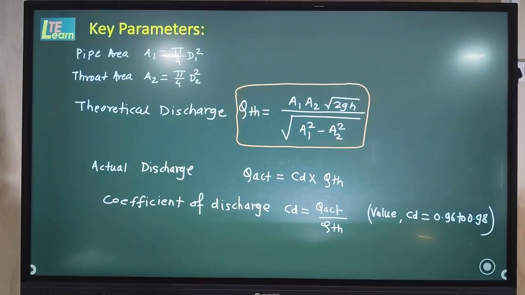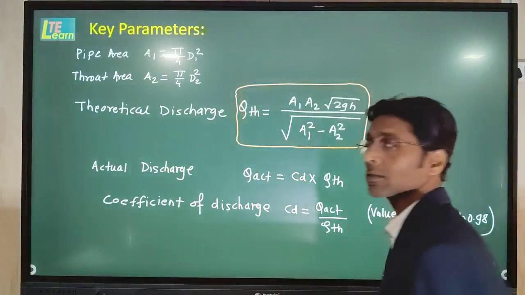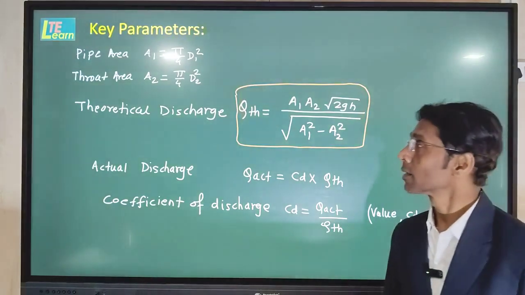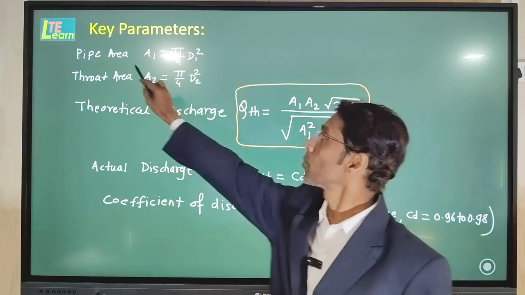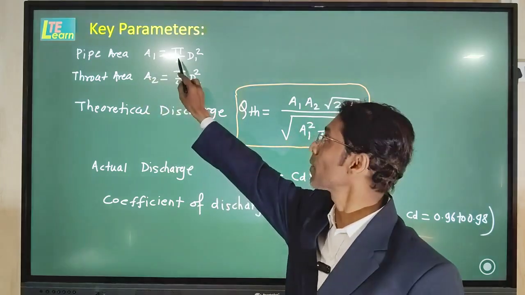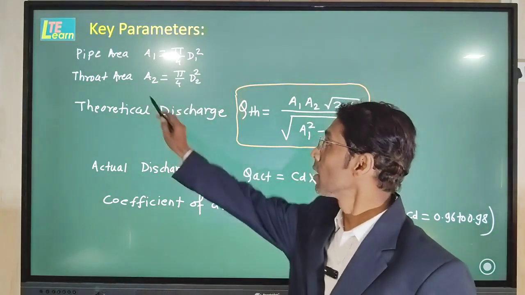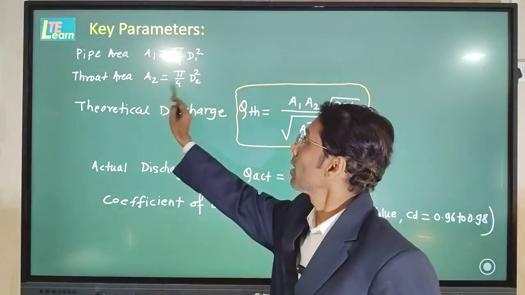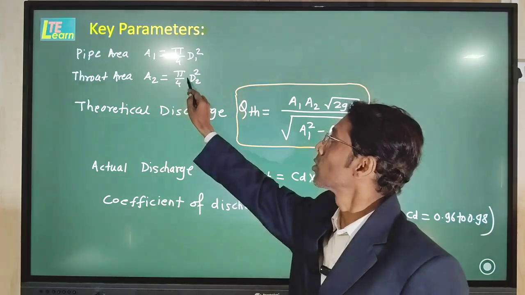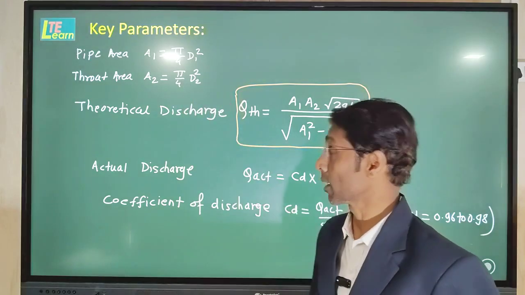Now we will discuss the key parameters. The diameter of the inlet pipe is D1, so the pipe area will be A1, that is pi by 4 into D1 square. The throat diameter we have taken as D2, so the throat area will be A2, equal to pi by 4 into D2 square.